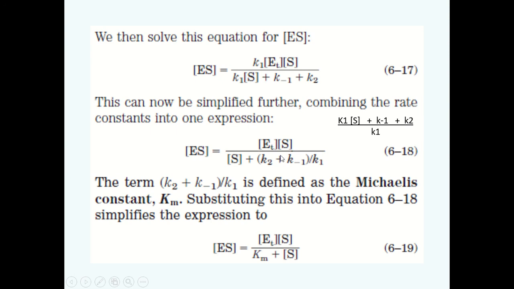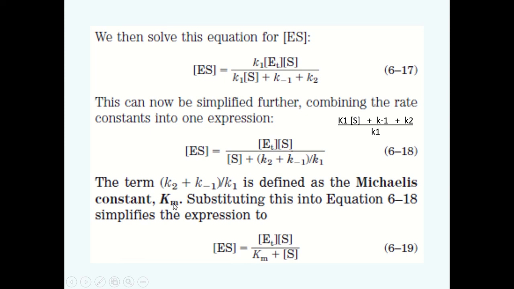Km is the ratio of the rates of breakdown to the rates of synthesis of the enzyme substrate complex. Km is called the Michaelis constant.